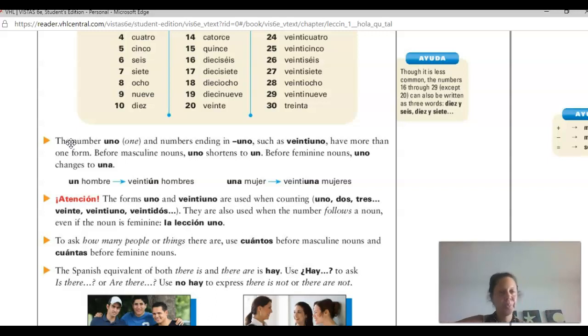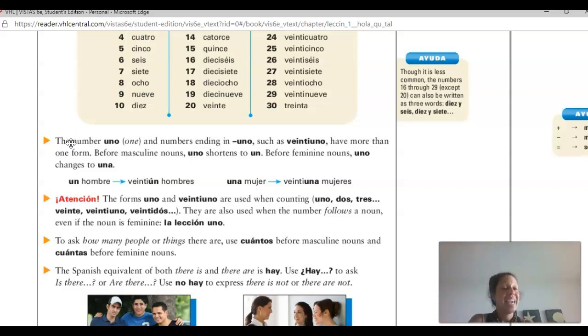For example, a phone, ¿verdad? If you want to say a phone, then you're going to say un teléfono. If I ask you how many phones do you have, then you can say uno, because you're just mentioning the number.